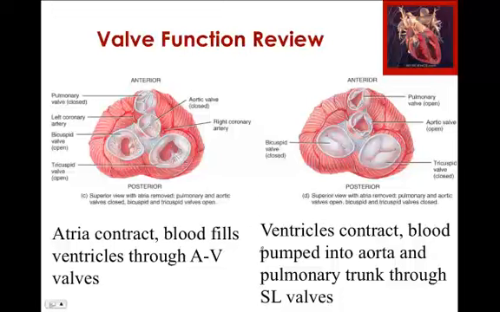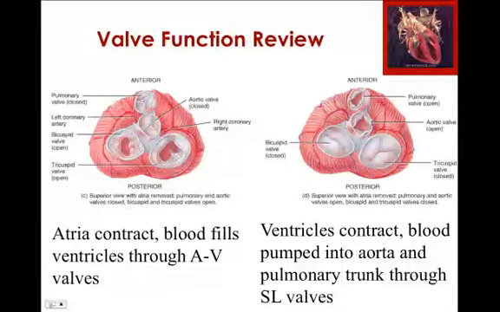Then, when the ventricles contract, blood will be pumped into the aorta and the pulmonary trunk through those semilunar valves. So again, these are the semilunar valves. There's the pulmonary semilunar valve and the aortic semilunar valve.